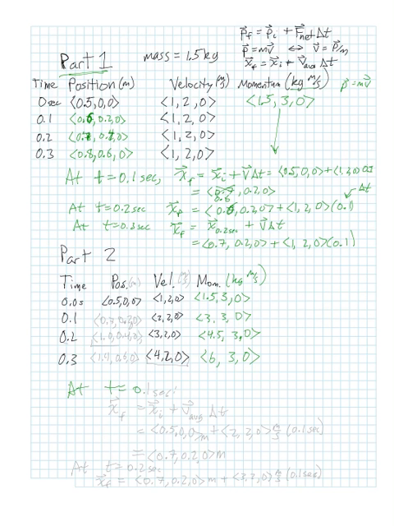So at t equals 0.1 seconds, we're going to do x final. We're going to use the position update formula. So x final is x initial plus v average delta t. In this case, now the velocity is changing.